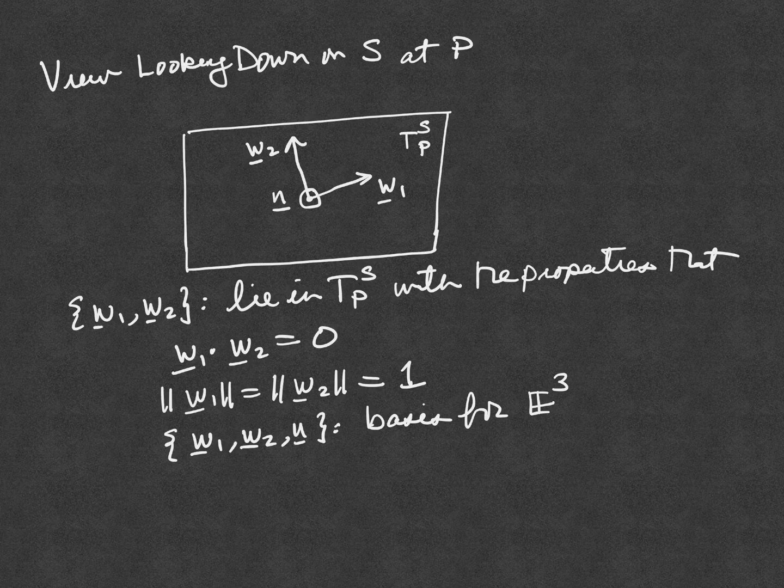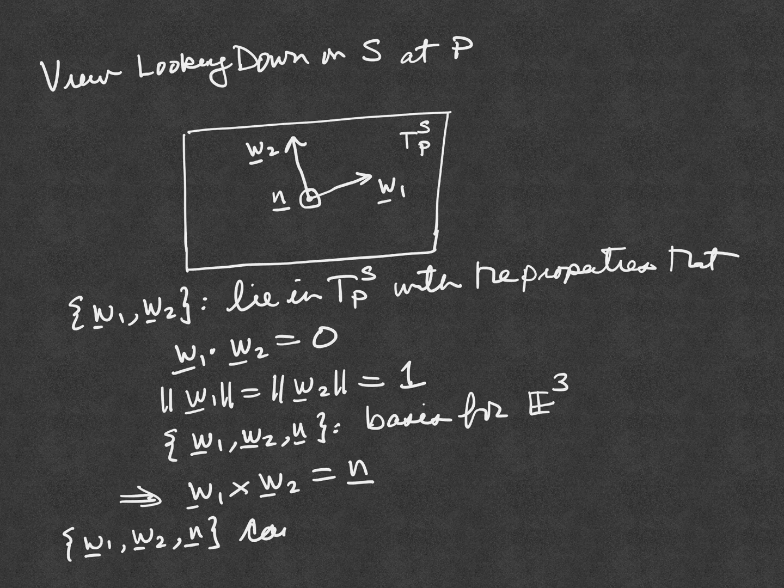So what that, of course, implies is that W1 crossed with W2 has to equal N. Now, given that I've defined this basis, W1, W2, N, I can now use this to develop the contact force. W1, W2, N can be used to model the contact force.